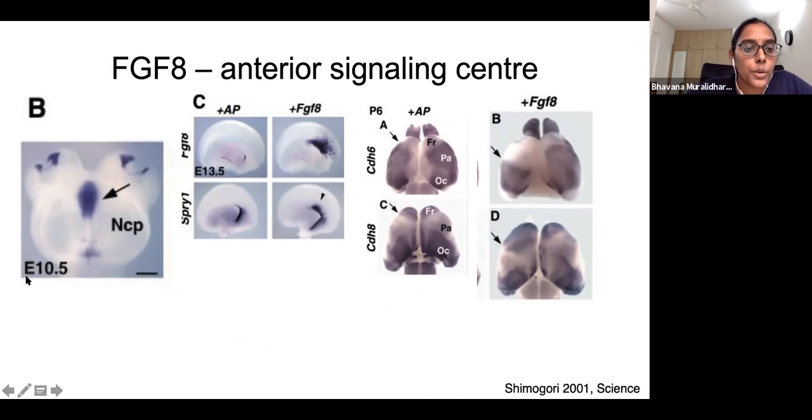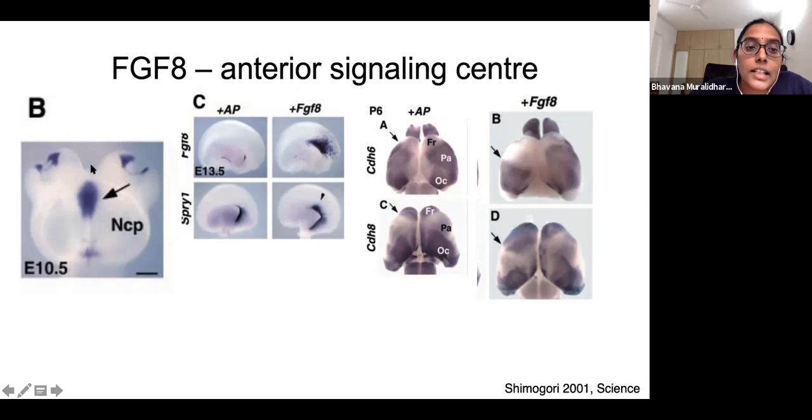So what I'm showing you here is an embryonic day 10.5 brain, and this is the very rostral end. So this is the entire mouse brain at embryonic day 10.5. And this is the region which is marked here with FGF8 in blue. This entire region then goes on to form the cortex.